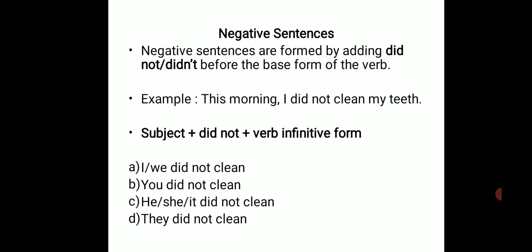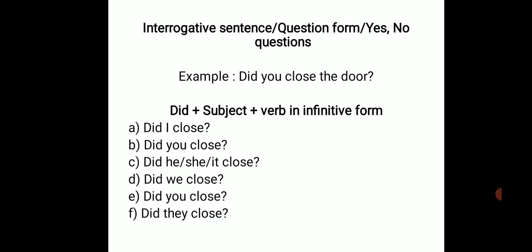For example, I did not clean. Then interrogative. To make it interrogative, we start it with did, and verb should be in its infinitive form, that is V1. Did I close? Did I read? Did I do? Did I sleep? This is how it goes.